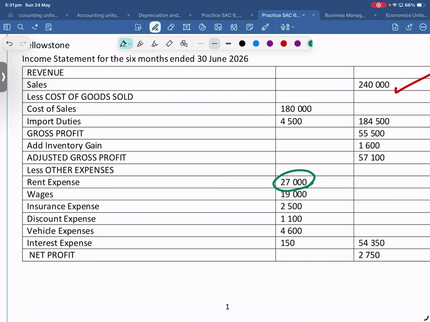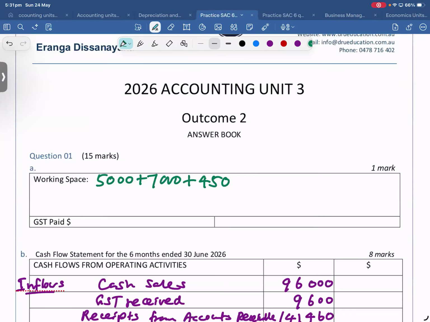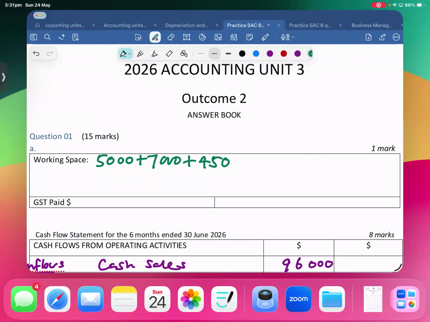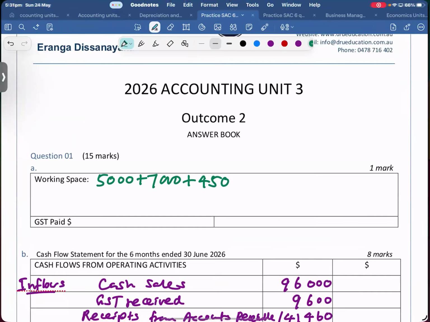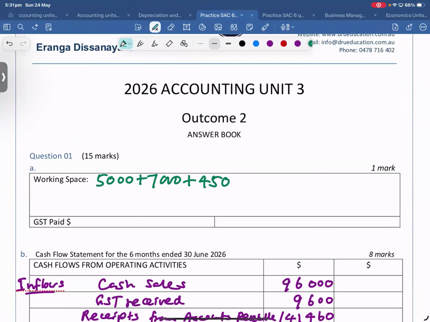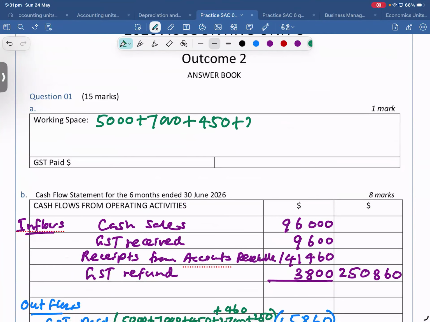GST, yes, there is GST for that. So go and report in the operating outflow, rent, 27,000, and also don't forget there's GST here, so I'm adding 2,700.